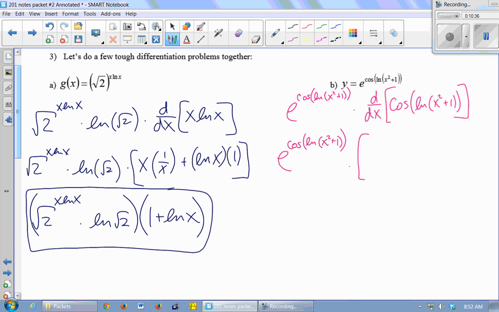What's the derivative of the cosine of some stuff? Negative sine of that stuff. Times the derivative of the stuff, which in this case, stuff is the ln of x squared plus 1. But I'm not going to actually write that down till the next line.